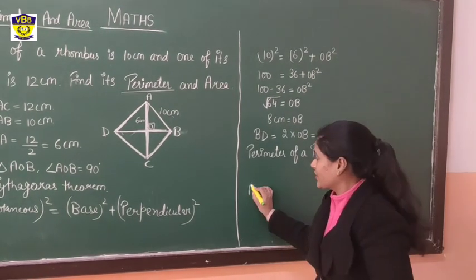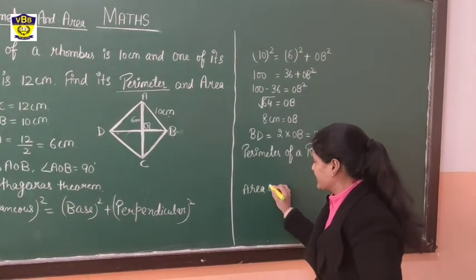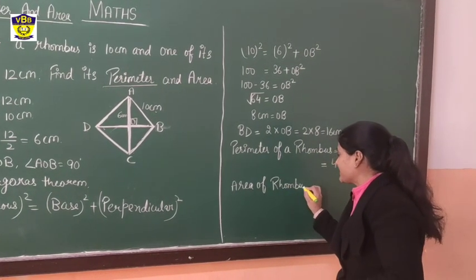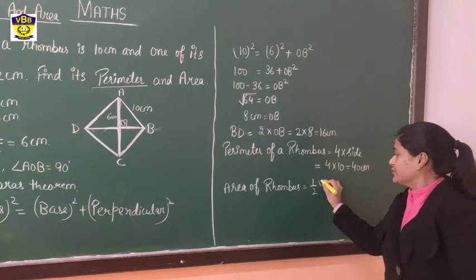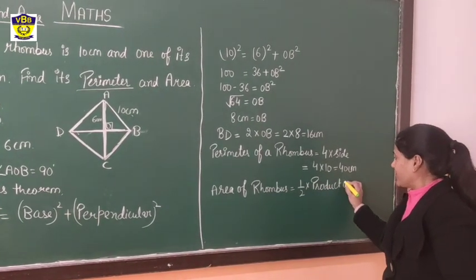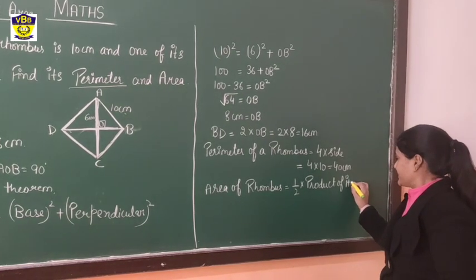Okay, beta? Now the area of a rhombus. Area of a rhombus is equal to half into the product of its diagonals.